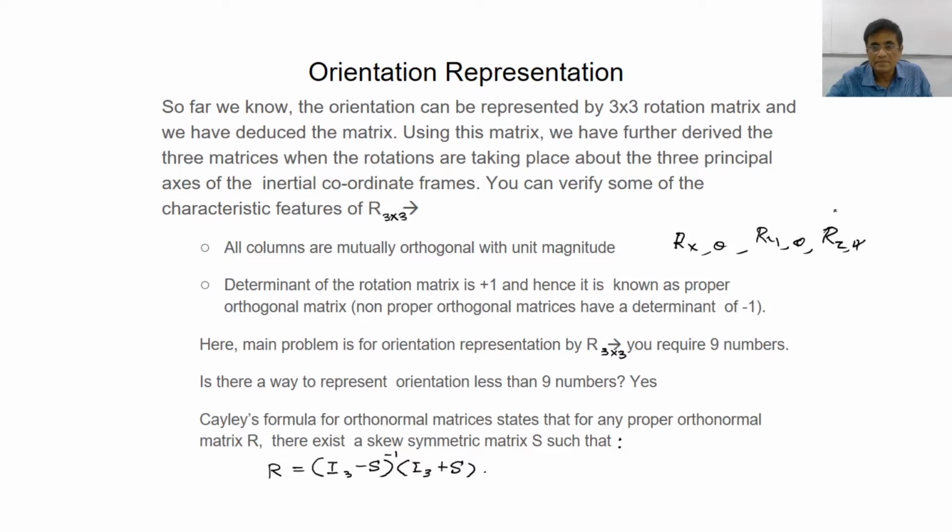These are the matrices we have derived, and take any of the matrices and see that the columns are mutually orthogonal with unit magnitude. This matrix has a column vector, this matrix also has a column vector, this matrix also has a column vector. They will have unit magnitude.